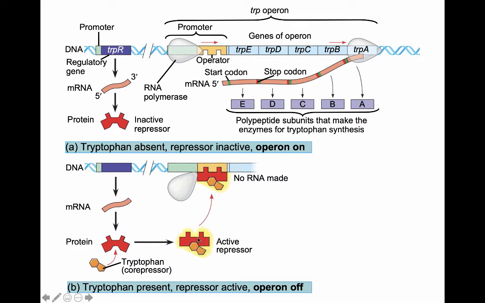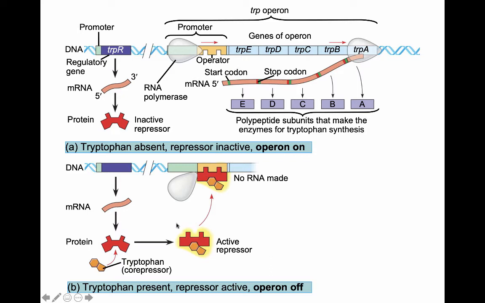When that happens, it changes the shape of the repressor, and now this active repressor protein becomes what we generally call a transcription factor. A transcription factor is something that binds to DNA and either activates or inhibits messenger RNA production. It inhibits the transcription of genes.